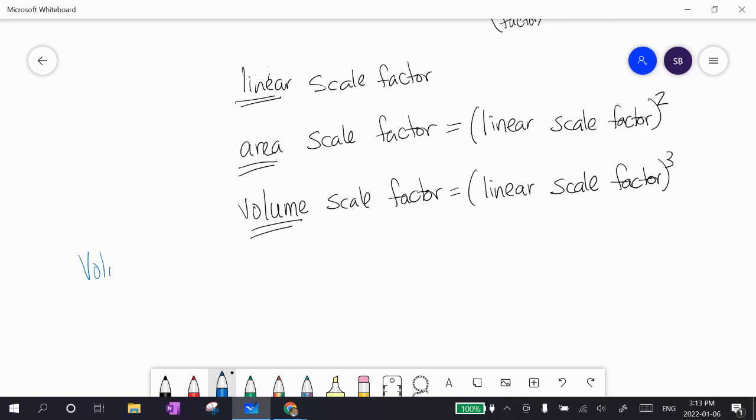Volume scale factor, cube root and then squared is equal to the area scale factor.